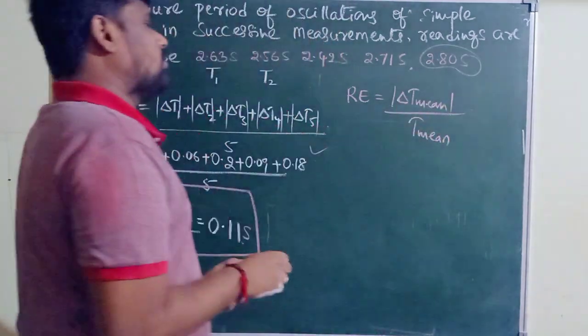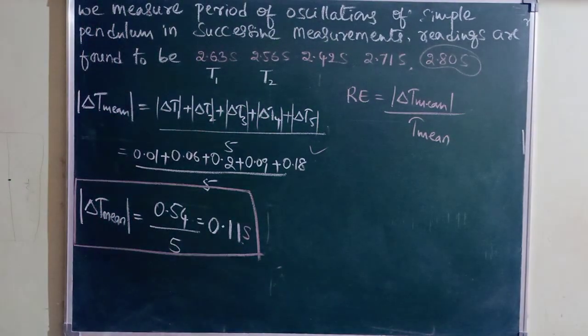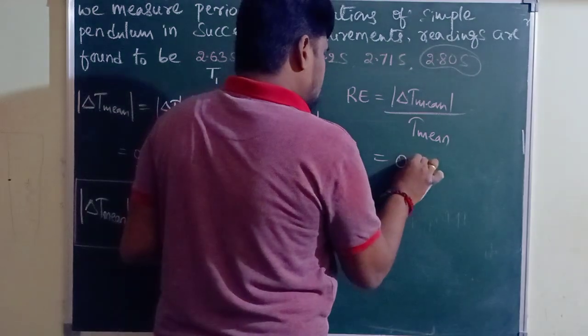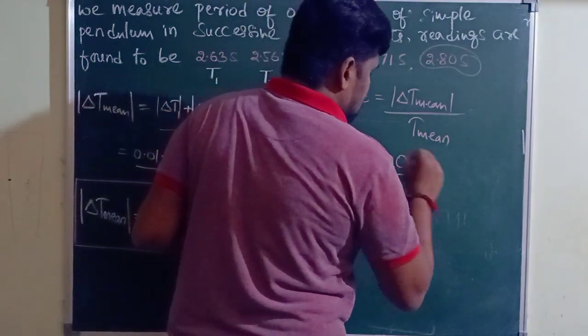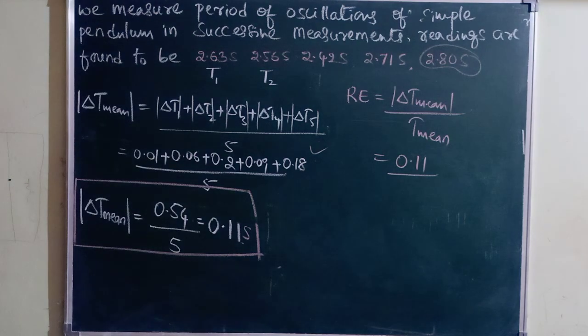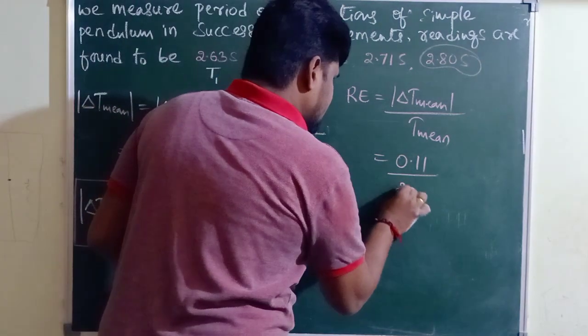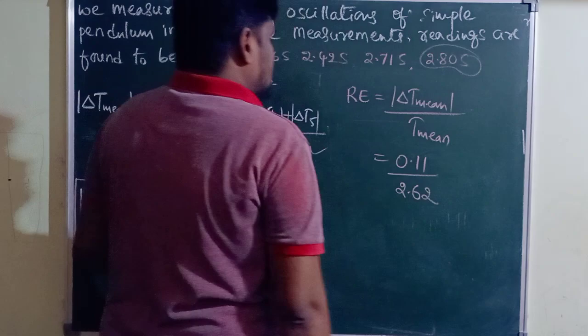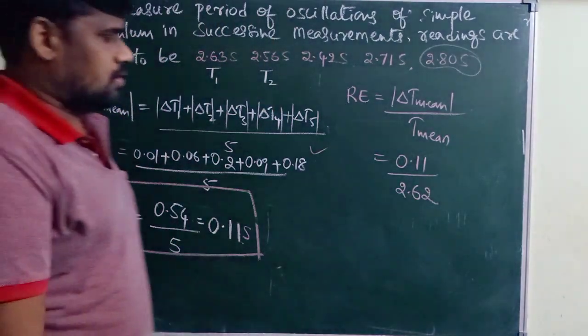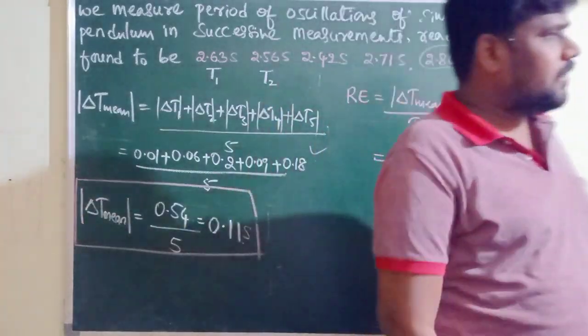Already we got delta T mean, which is 0.11. T mean we already found, it was 2.62. Then 0.11 divided by 2.62 is called relative error.